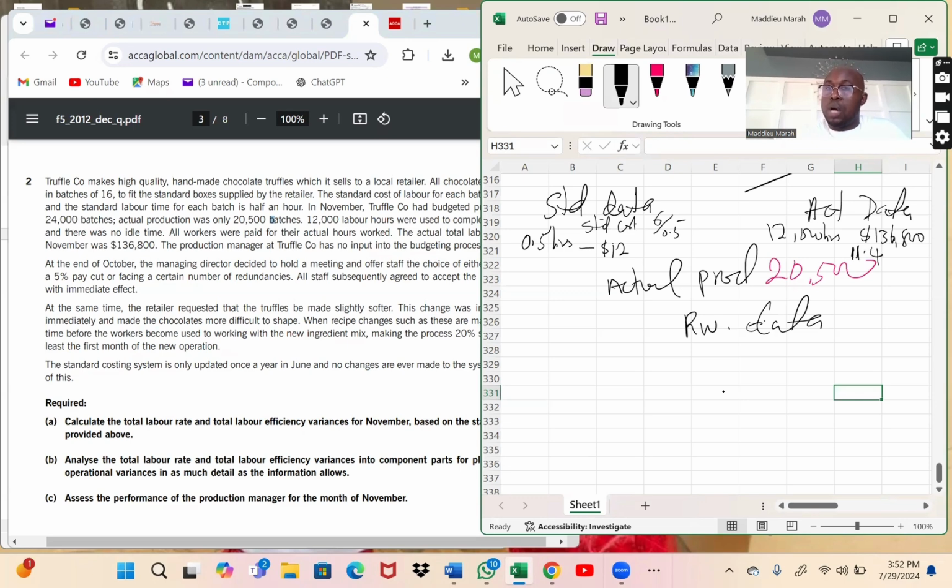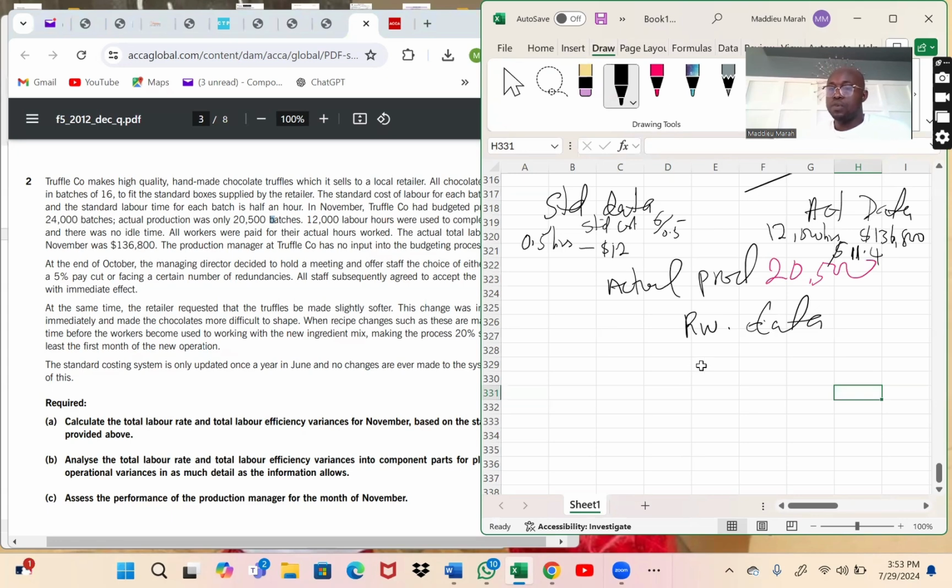We all know how to get 11.4, right? 136,800 divided by 12,000, because the 12,000 hours was paid for 136,800. So how much was paid for 1 hour? 1 hour, $11.4. Clear? Okay. Now we make progress.